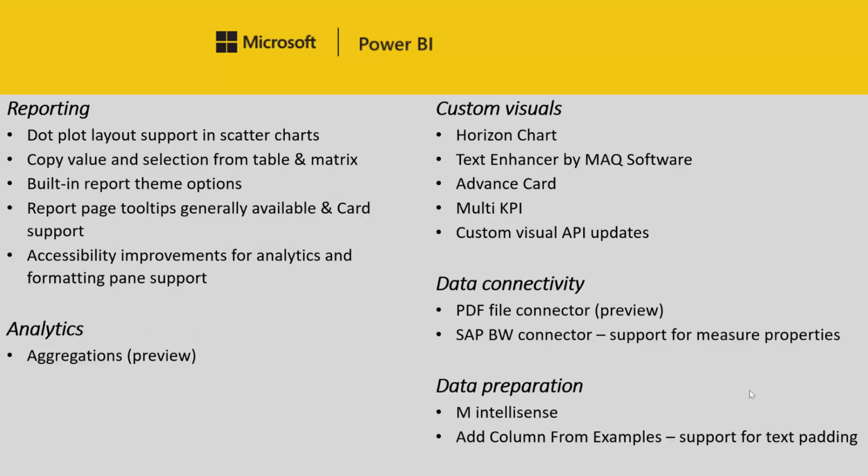Under analytics, we just have one feature, but it's definitely a big one. We're really excited that we can now announce a preview of our aggregations feature. Aggregations is a way to store only your summarized values in memory, which would provide you the fastest access to the aggregated data without having to load your entire data set into Power BI.